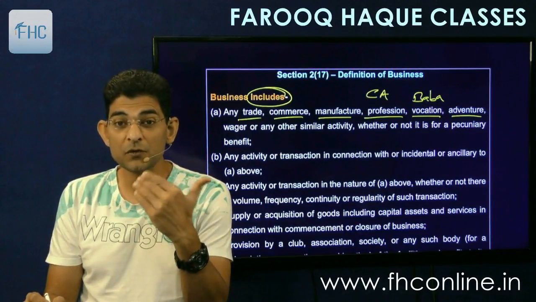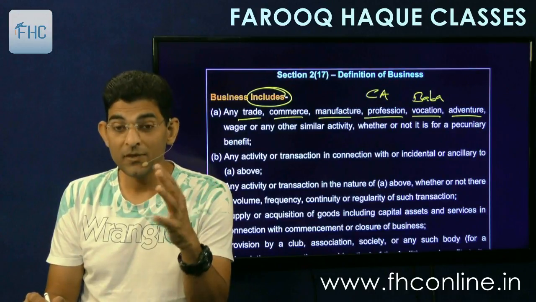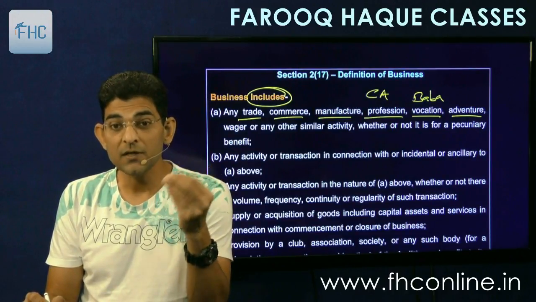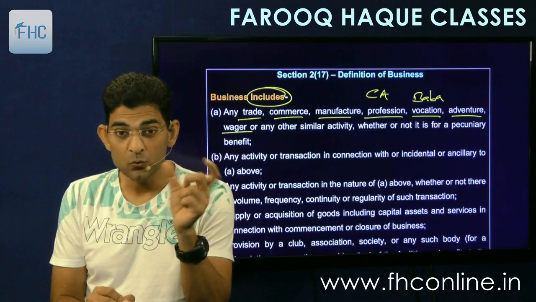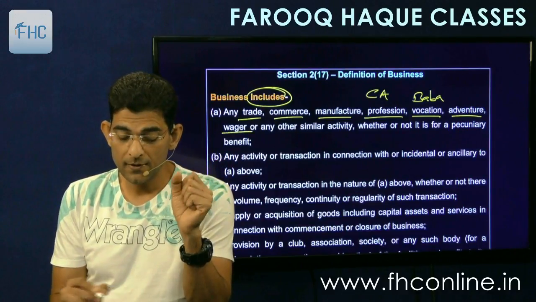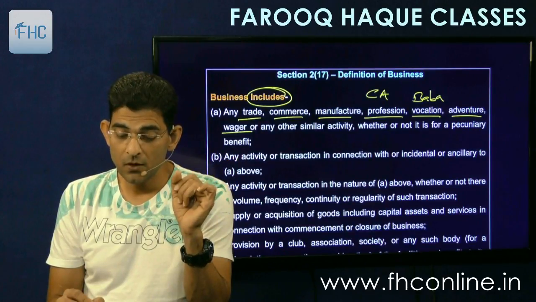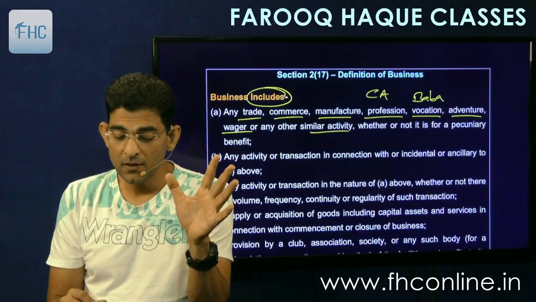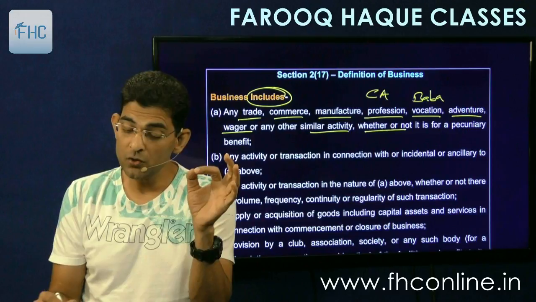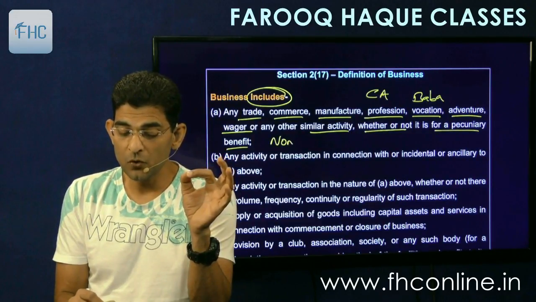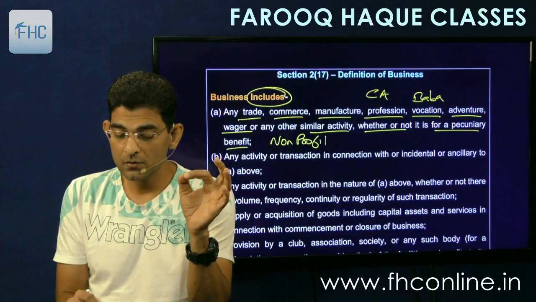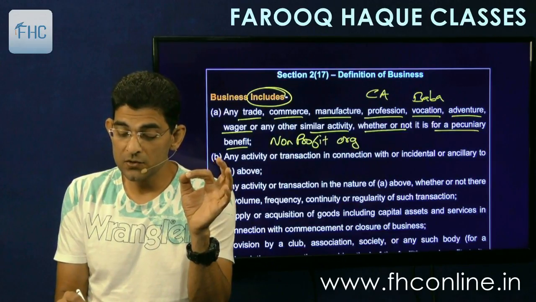Then adventure. Adventure means doing something for the first time without knowing the outcome, like starting a new business is an adventure. Wager, the outcome is unknown. Wagering agreements or any other similar activity, whether or not it is for pecuniary benefit, means even non-profit organizations will also be covered.